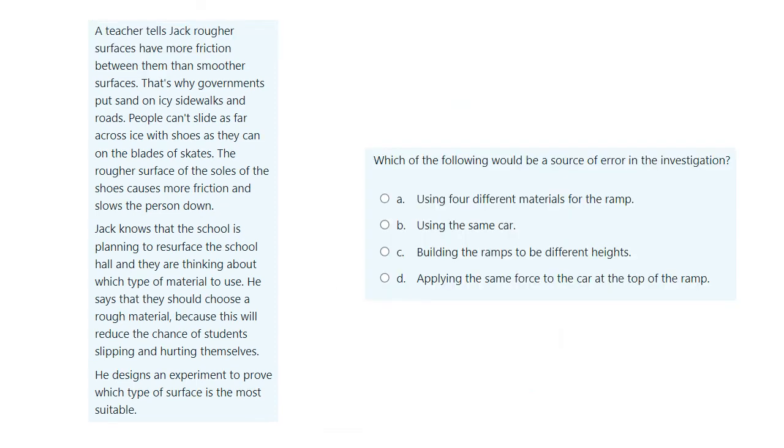So which of the following would be a source of error in the investigation? And we have to refer back to the previous slide where we're thinking about what things he did. He used 4 different materials for the ramp, but the independent variable was the type of material.